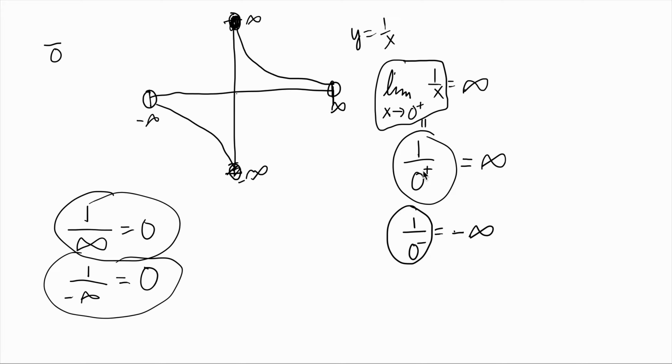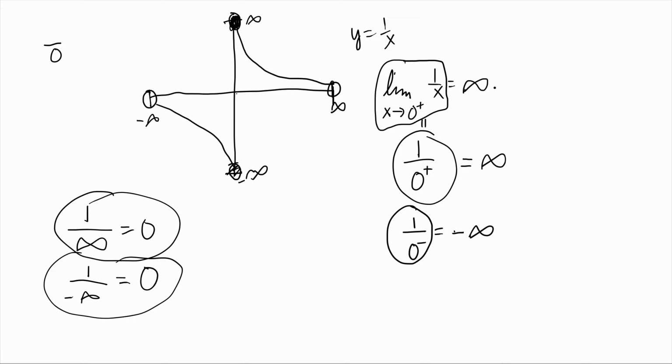But really, if you want to think of 0 plus as a value, you could think of it as taking the right continuous version of 1 over x with these infinities, and then you plug in 0. Here you're plugging in 0 into the left continuous version of 1 over x.